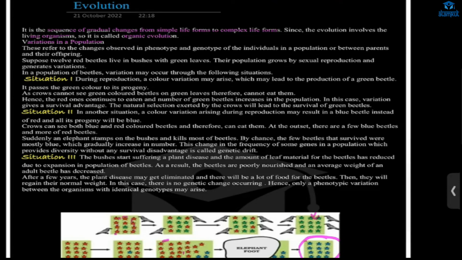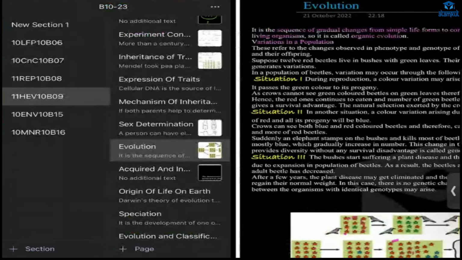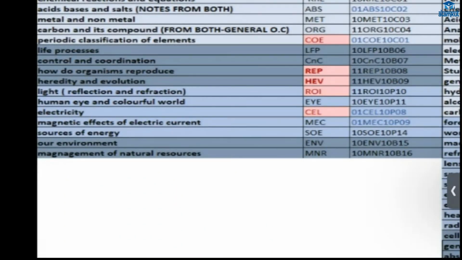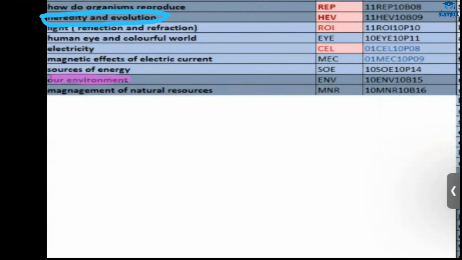Safia, how much of the chapter is over in your school? I think the evolution part wasn't coming in the boards, so we haven't done that. Okay, and the other chapters are coming, right? Yes. What's the one after this? Our Environment, it's coming. It's done in your school, right? Not completely.